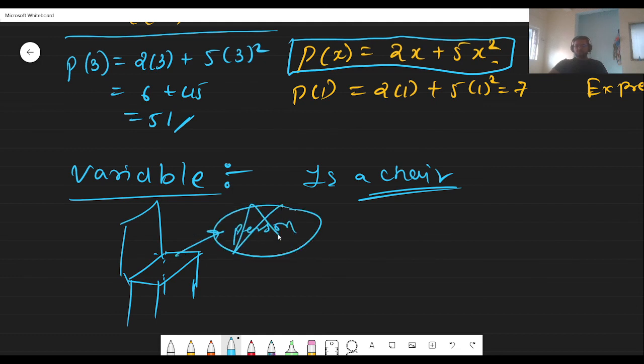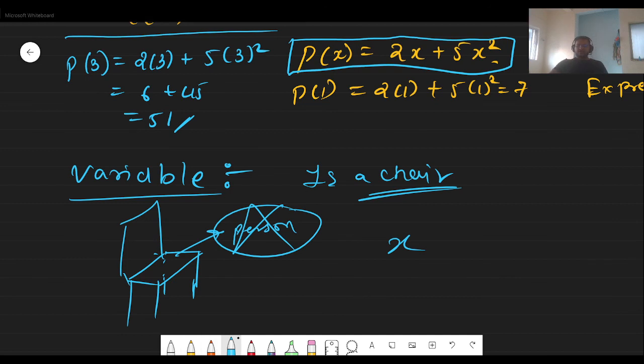No. But different persons will sit on the chair at different times when required. The same is the variable. A variable is not a number, but it will assume different numbers when it is required or whenever you need some answer. Fine. So this was about variable, and in the next class we'll study further topics.